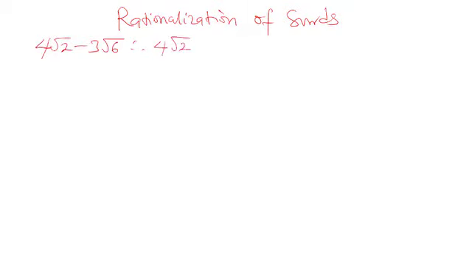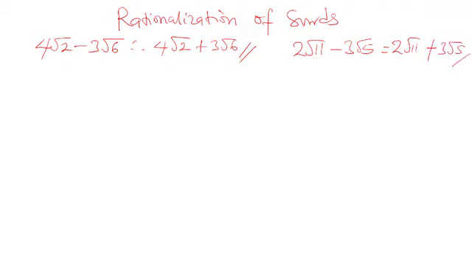You change the sign in the middle. That's all about the conjugate. So if I have 2 root 11 minus 3 root 5, the conjugate will now be equal to 2 root 11 plus 3 root 5. I'm just giving you hints on conjugate.